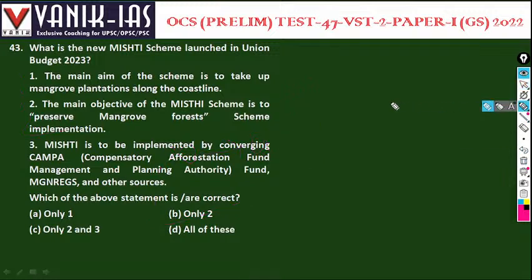What is the new MISHTI scheme launched by the Union government? MISHTI scheme is for mangrove plantations. Yes, for mangroves. The main aim of the scheme is mangrove plantation along the coastline. The main objective of MISHTI scheme is to preserve mangrove forest. MISHTI is to be implemented by converging CAMPA, the Compensatory Afforestation Fund Management and Planning Authority.